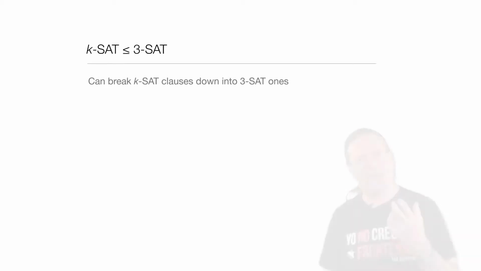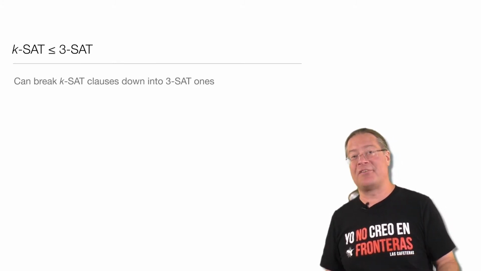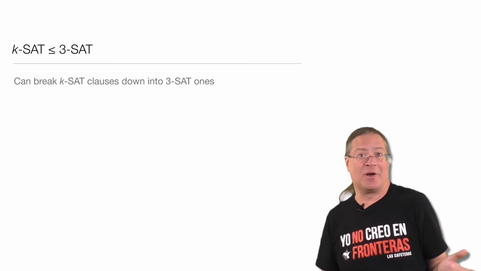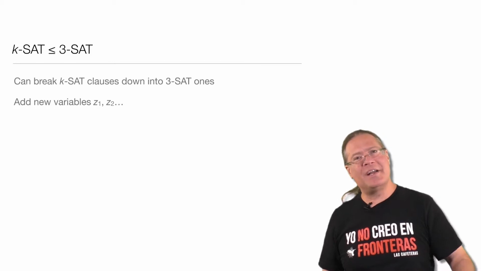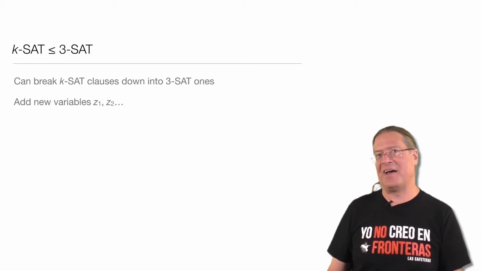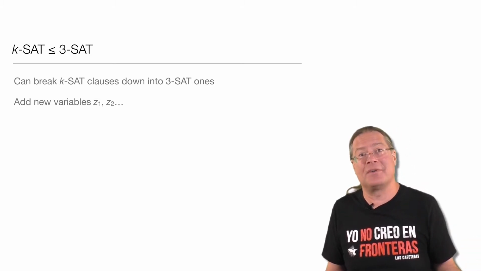In particular, I can take K-SAT for any value of k, clauses that include the or of combinations of k variables, and I can break them down into 3-SAT clauses. In other words, 3-SAT is a powerful enough building block to build up clauses of any length, which is partly why 3-SAT is hard. How does this work? Well, when I transform from an example of K-SAT to an example of 3-SAT, I'm allowed to invent additional variables if I want.